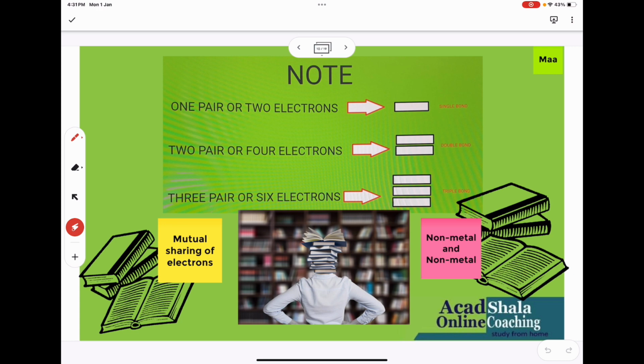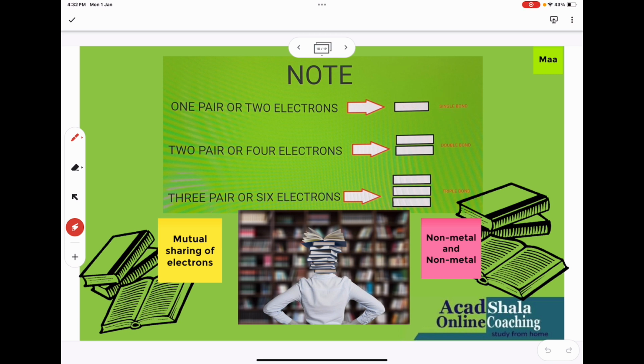Now, before starting with the examples of covalent bond, I would like to also share with you some tricks to remember about the bonding. Whenever, students, you see two electrons or one pair, it forms a single covalent bond.